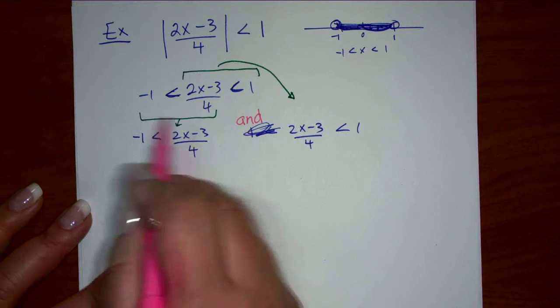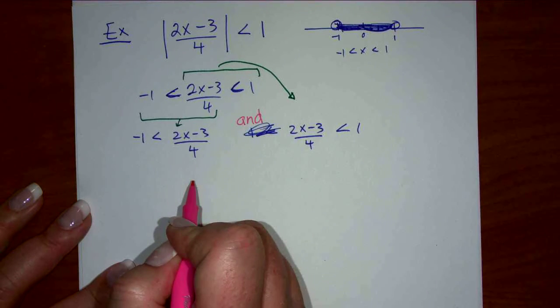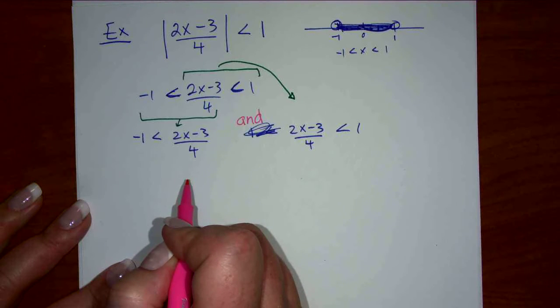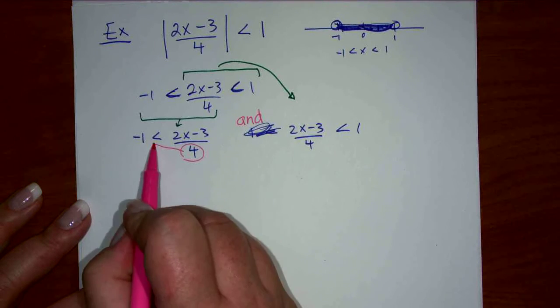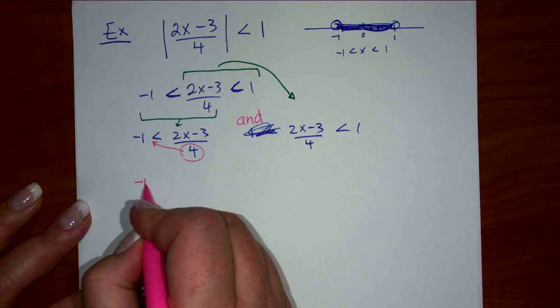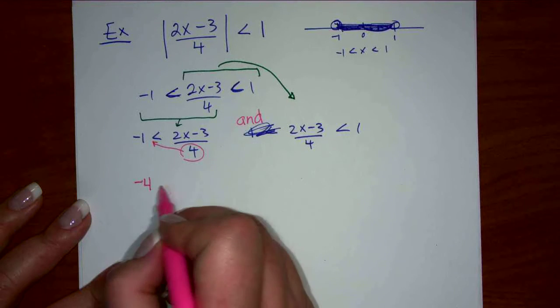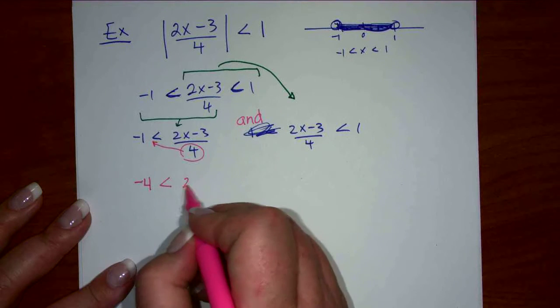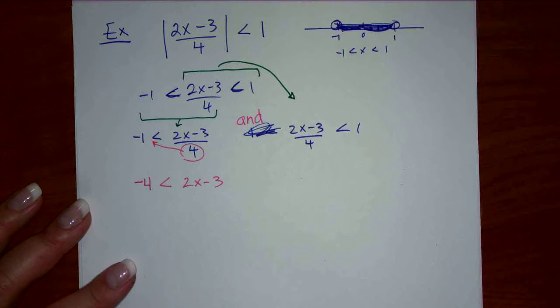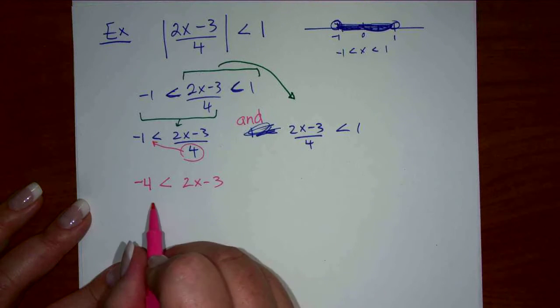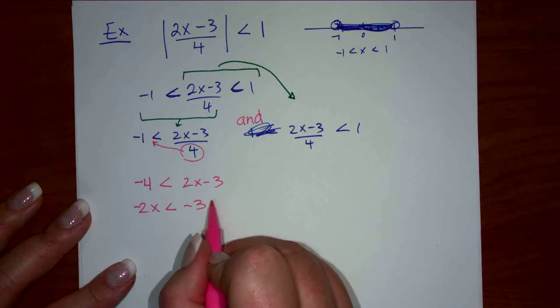So how do we solve this? Someone said it earlier. So the 4: minus 1 times 4 is minus 4. And then solve it. So we'll move the 2x over, and the 4.